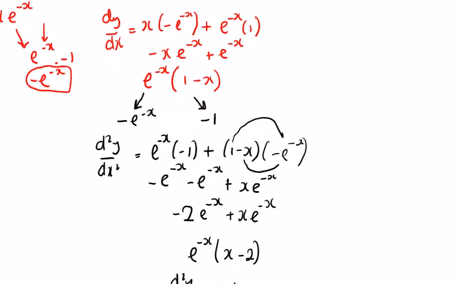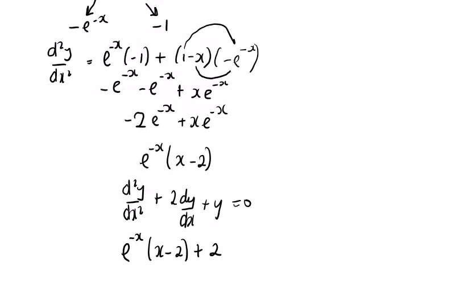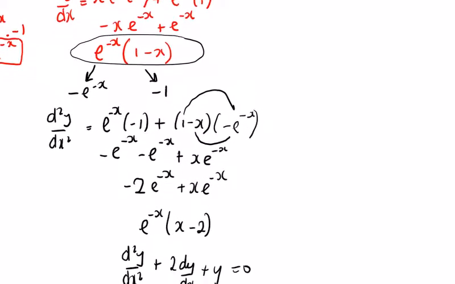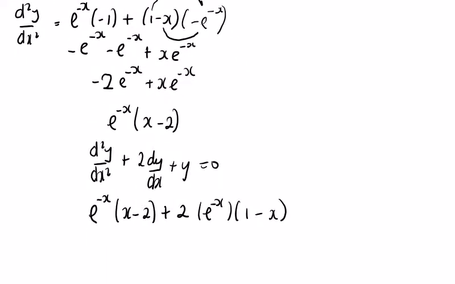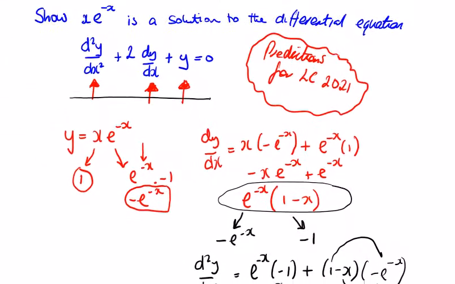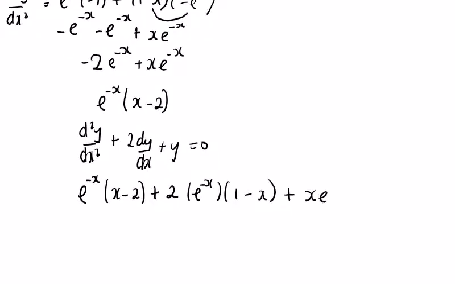What do we get for it? This dy dx here: e to the power of minus x times 1 minus x. That's twice that one. And then we have plus y. And y was the original function, which was x e to the minus x.